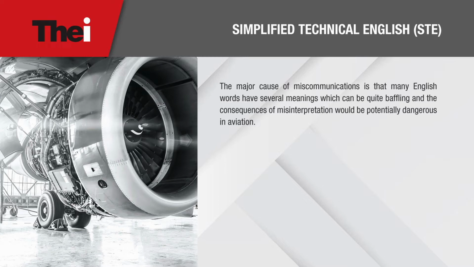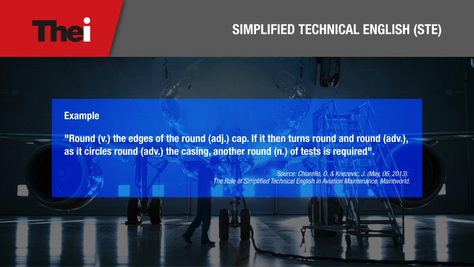In order to understand the complexity of the English language, an example is shown below. An English word, round, is shown. Not only does it have different meanings, but it can also take several roles in a sentence called parts of speech.